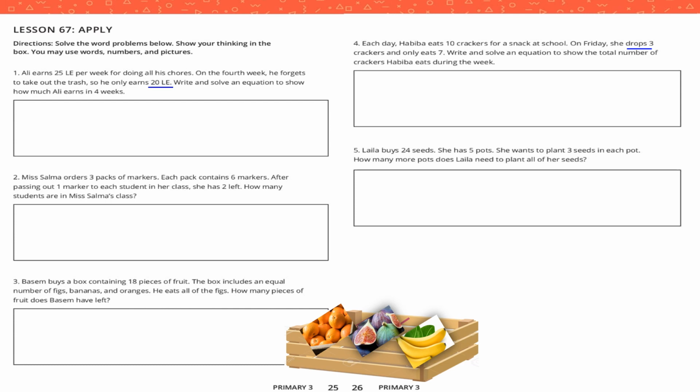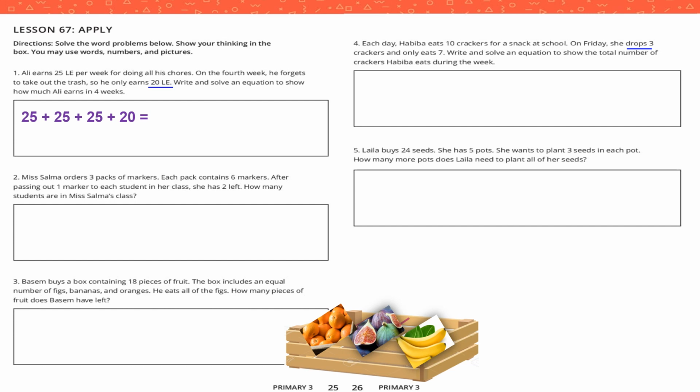So in each week he earns 25, but in the 4th week he earns 20 only. So in the first week 25, in the second week 25, in the third week 25, but in the 4th week only 20. He wants to know how much Ali earns in all 4 weeks.